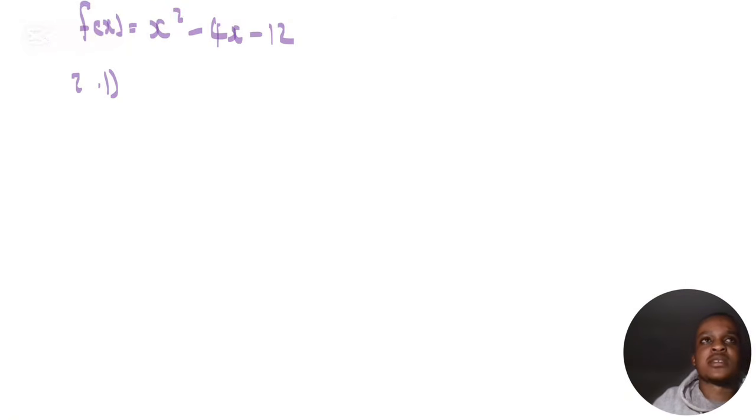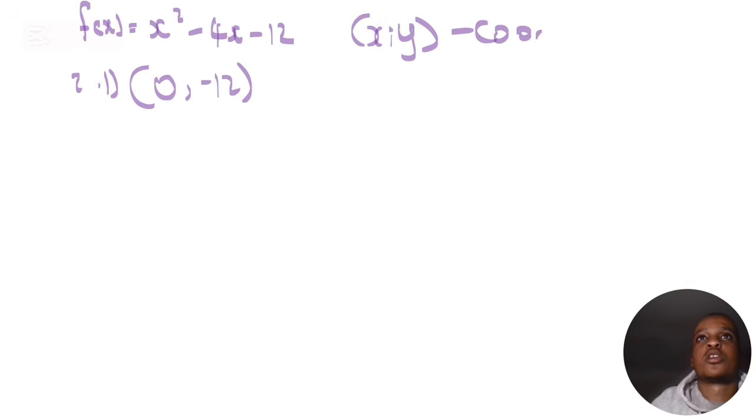Where they ask you about the y-intercept or the x-intercept, always write in coordinate form. You don't have to calculate the y-intercept. The y-intercept is 0 and negative 12, because on the y-axis x is always 0. Remember we are working with coordinates, and this is a coordinate, right?